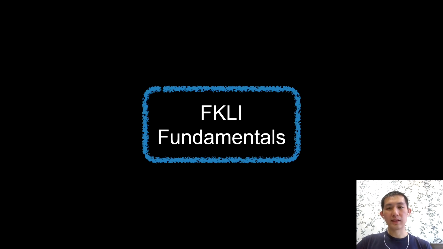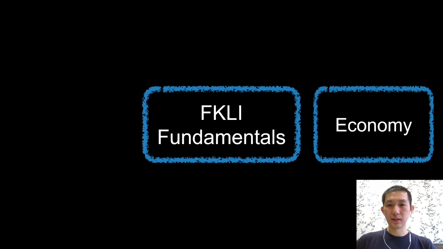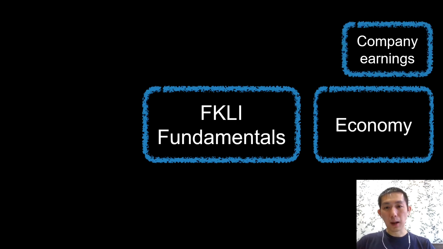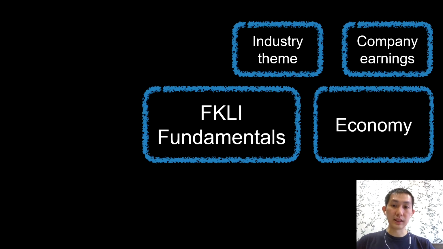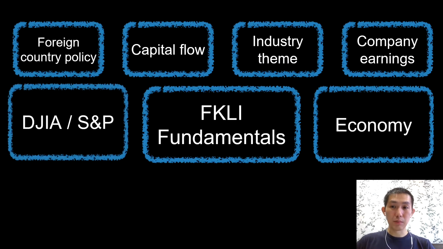Generally, when we want to analyze the FKLI fundamentals, we want to look at several factors that affect it. For example, we want to look at the local economy, company earnings, industry theme, capital flow, and foreign country policy.